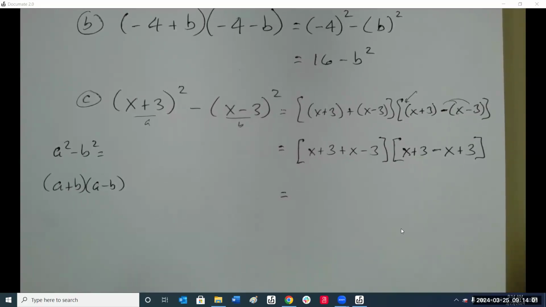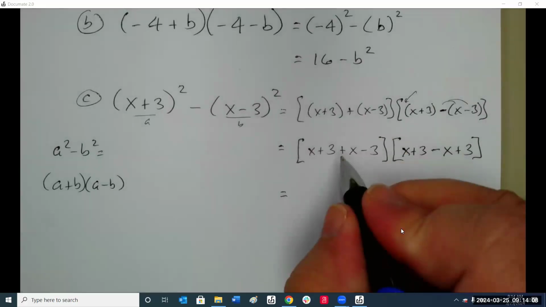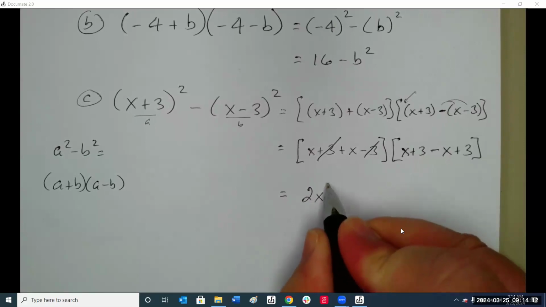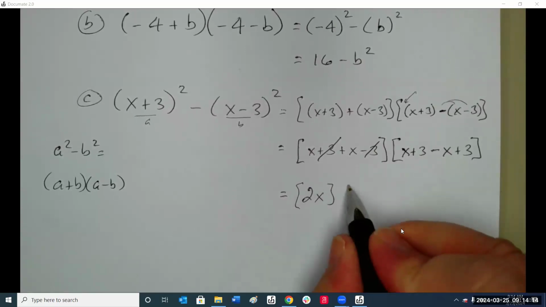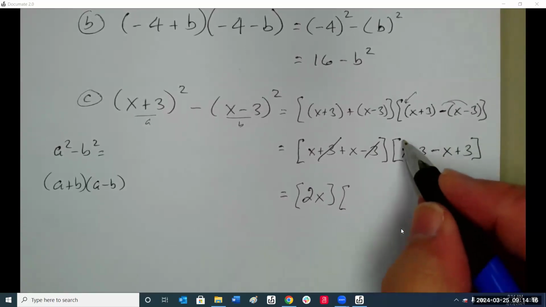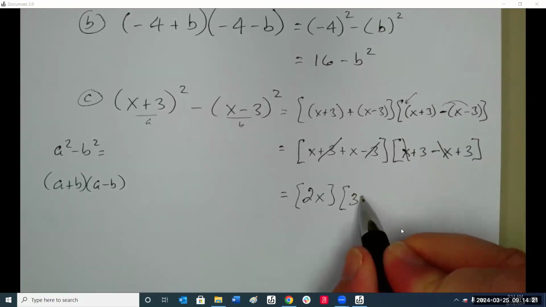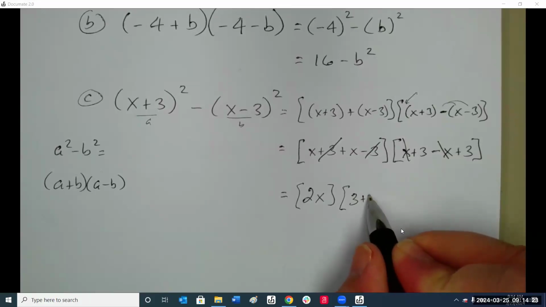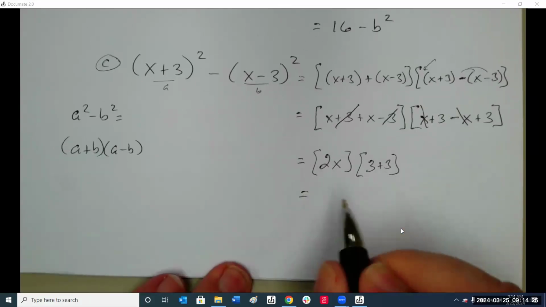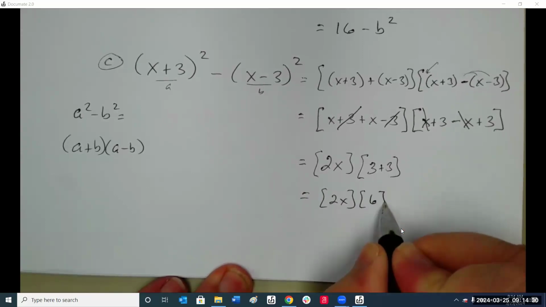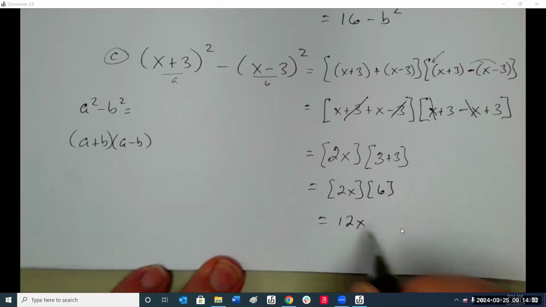We got rid of parentheses, so we do what? Combine like terms. So in the first one, the 3 minus 3 cancel, so we have 2x. In the second one, the x's cancel, so we have 3 plus 3, which is 6. Which is 12x.